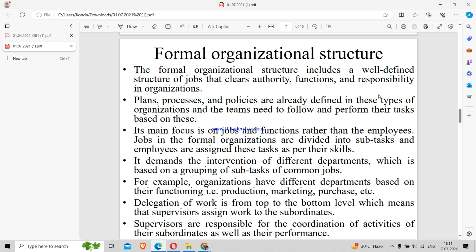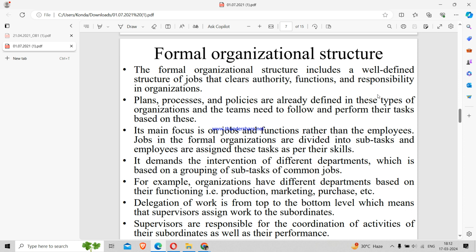In an informal one, everyone is of course assigned a specific job, but beyond it, if there is a person who is very much involved in that organization, he is told to involve himself in other aspects than his formal job, so that the productivity of the other departments which is not up to the mark can be brought to the expected mark.